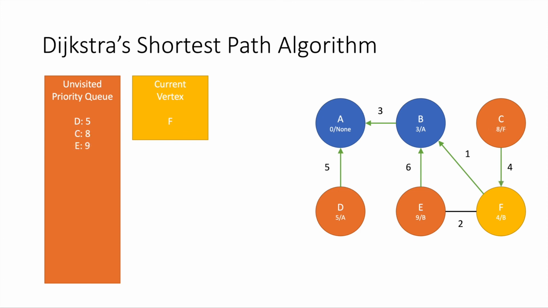Next, we'll look at E. The distance from E to A through F is 6, which is better than the current distance of 9 through B, so E is updated. We now continue with the next item in the priority queue, which is D. D does not offer any paths to A through itself, so we now move on to E, which also does not provide any better paths through itself, and we look at C last.